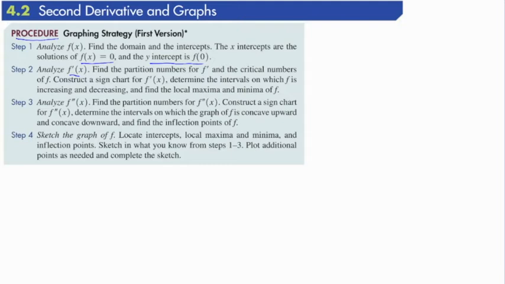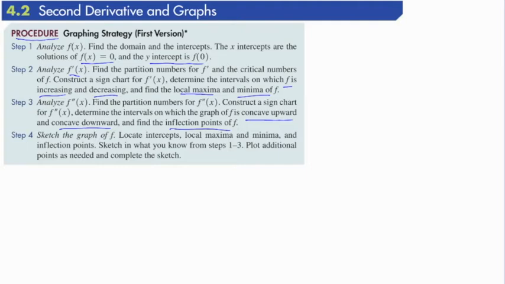Determine the intervals where the graph of f is going to be increasing, decreasing, find local maximums and minimums. Step 3, analyze the second derivative, find the partition numbers, construct a sign chart, and determine intervals of concavity, where it's concave up and concave down, and locate any inflection points.